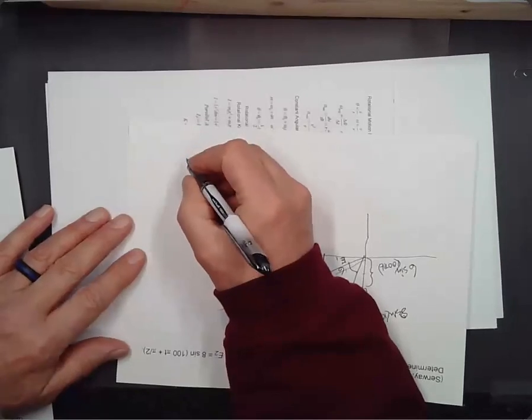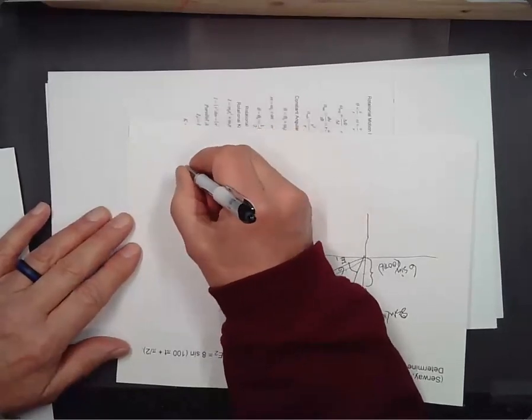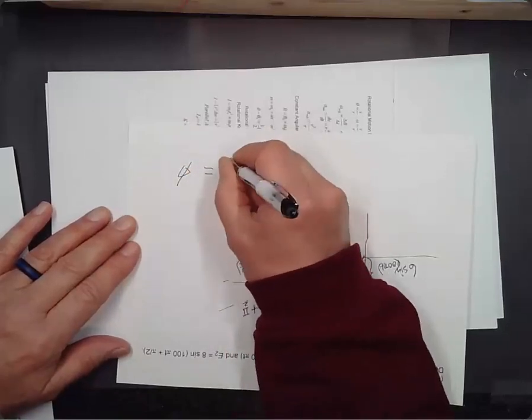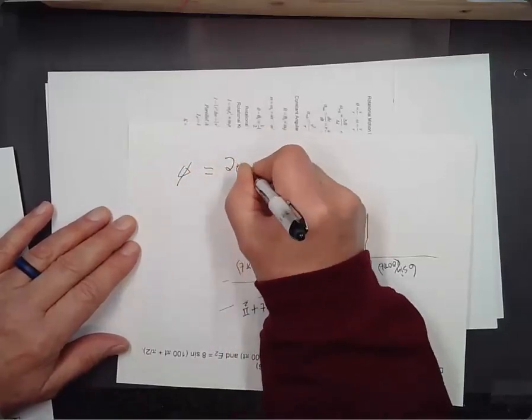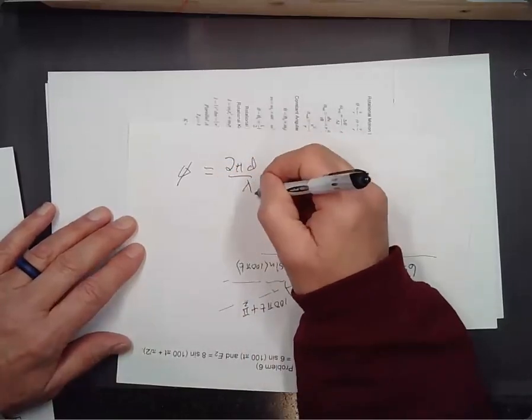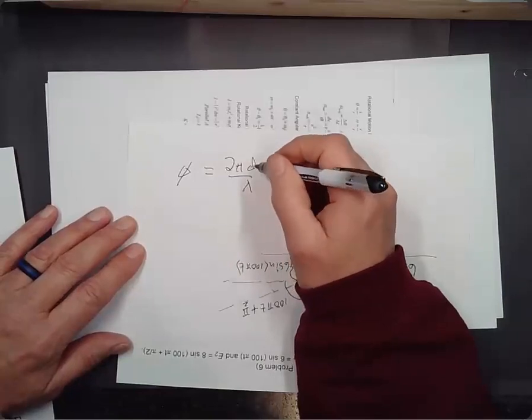It's equation 35.13 in my book, that the phase difference is 2 pi d sine theta over lambda.